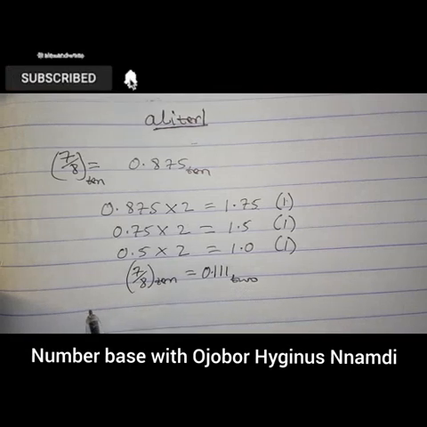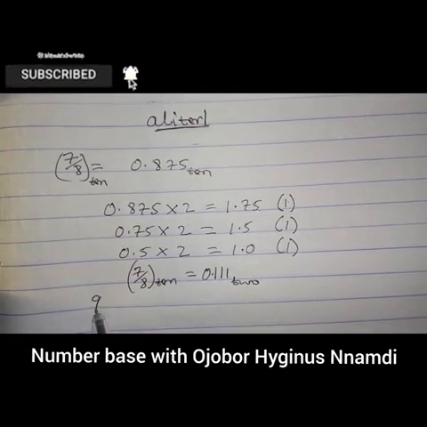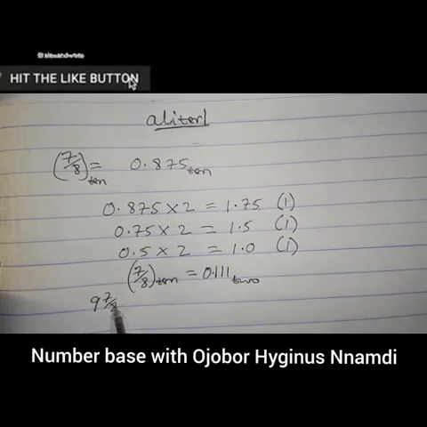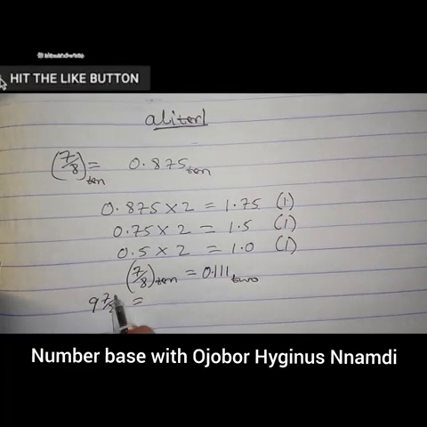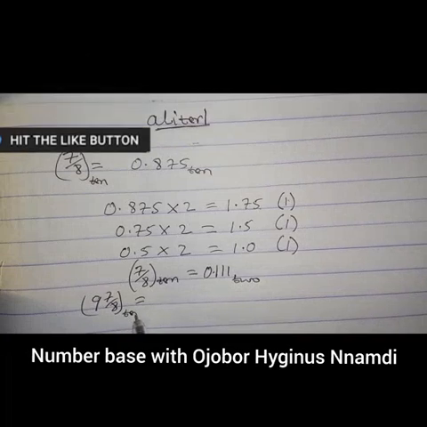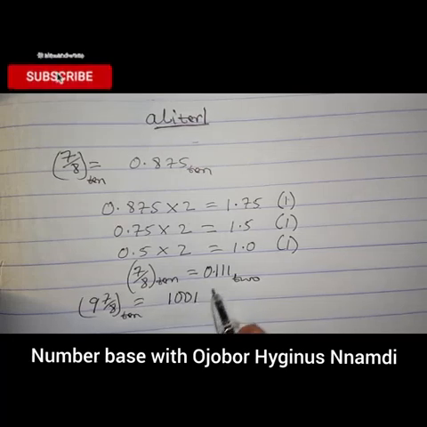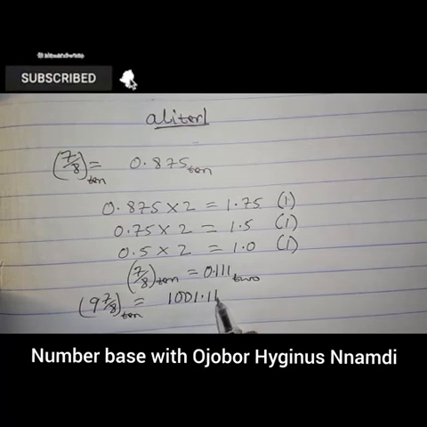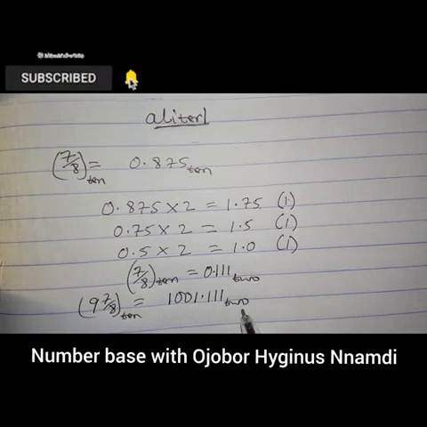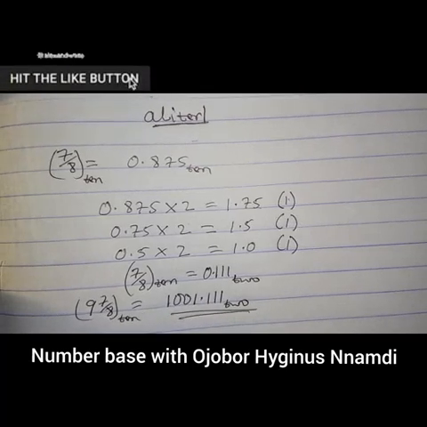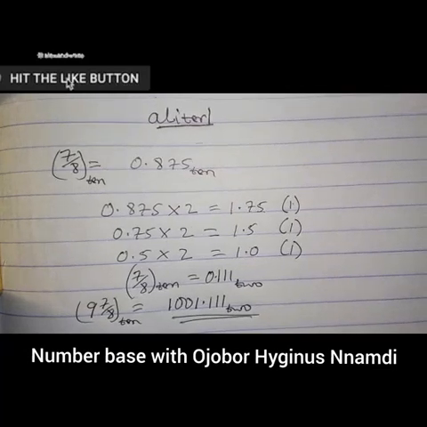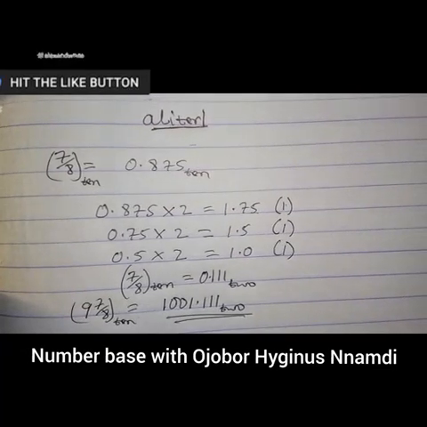So 9 whole number 7/8 in base 10 will be equal to 9, which we got as 1001, then 0.111 base 2. So whichever method you prefer will give you the same result.